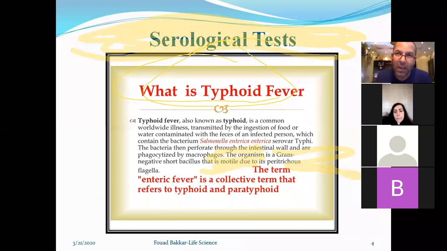Salmonella usually comes from sewage water, drainage of sewage water, and can dissipate into drinking water, potable water, or into some type of food that we ingest. So the major cause of typhoid fever is being infected by food that we have ingested and that is contaminated with salmonella.